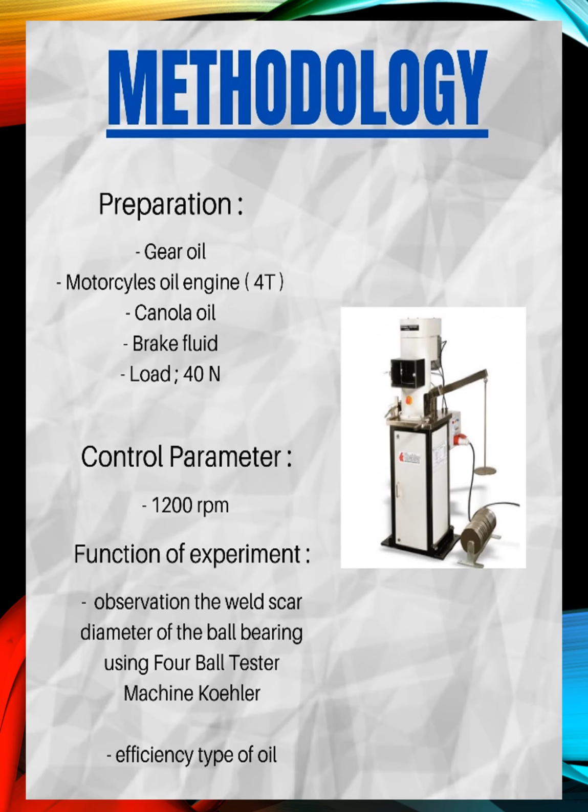The next step is to fill three quarters of the ball pot assembly with the lubricant using a syringe. Then insert the male ball holder into the spindle unit and place the ball pot assembly onto the ball pot mounting disc.